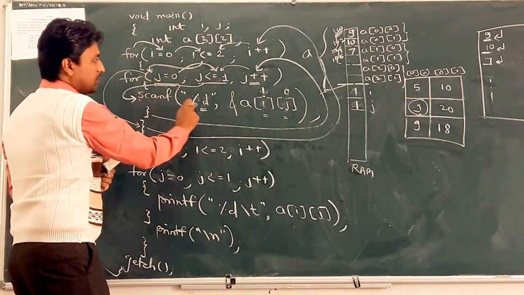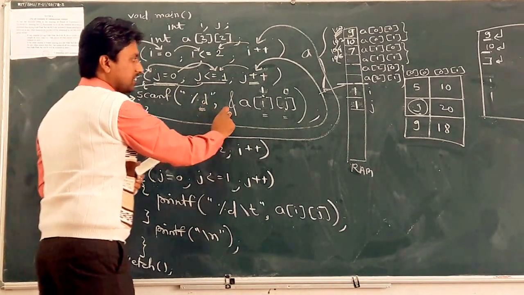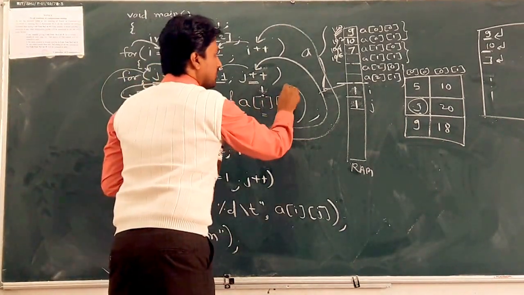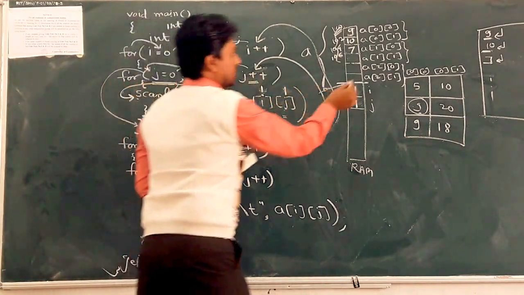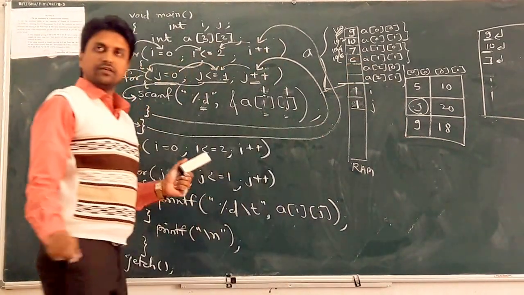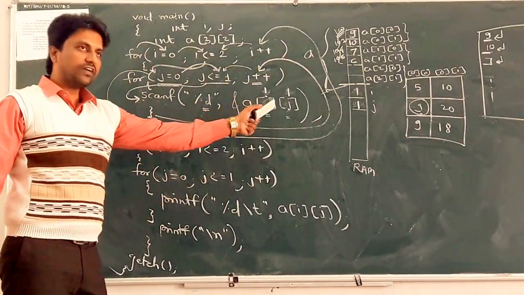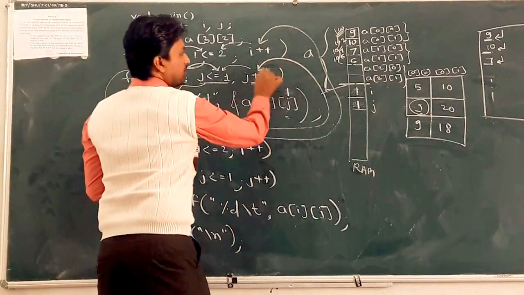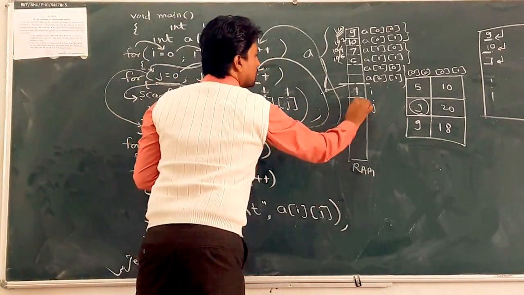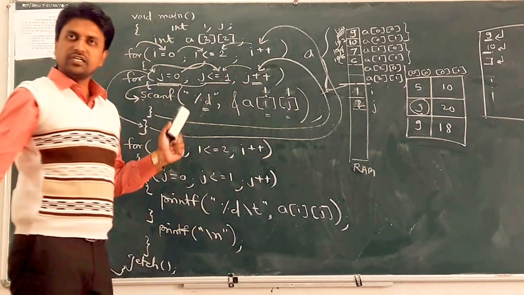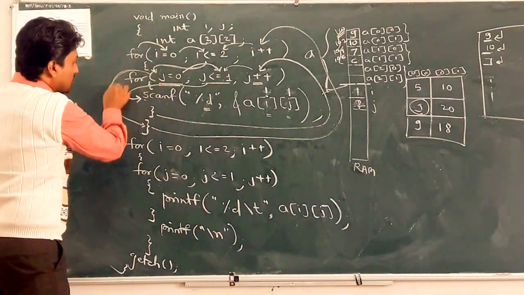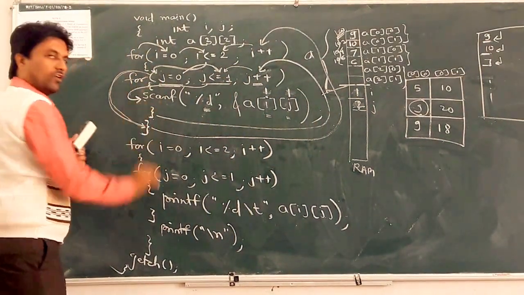Then next scanf, percentage d, comma, ampersand of A of 1, 1. Suppose 6 is stored here at the location A of 1, 1. Next j becomes 2. 2 less than or equal to 1, condition false. The cursor goes out of that for loop.